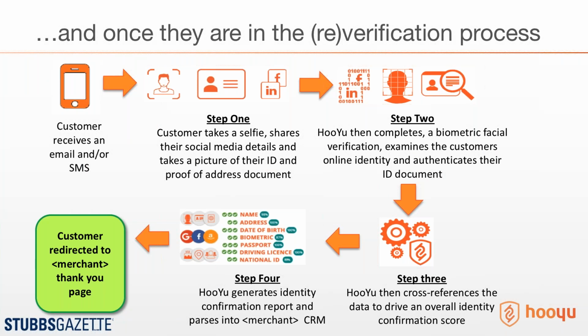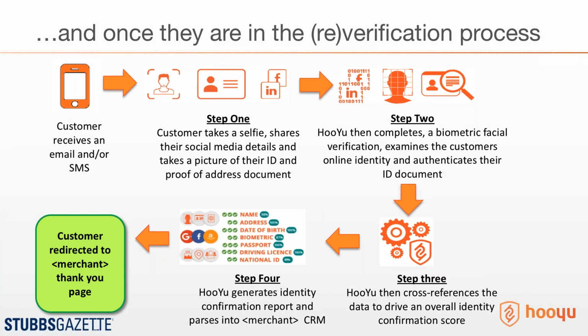And at that point, the customer is asked to take a selfie, say what their name is from digital footprint sources such as LinkedIn or PayPal or Facebook, and then they're asked to take a picture of their ID document and then perhaps a picture of an address document so that HooYu can look at that information, do a biometric facial comparison between the face in the selfie and the face in the ID document, so it can authenticate that identity document and also examine that customer's online identity.